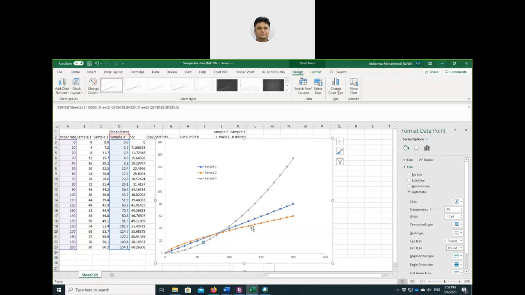But when we go above a shear rate of around 90 to 100, it changes. The viscosity for shear thinning is less than Newtonian, and it is less than shear thickening. So for comparison of the viscosity of different types of material, we need to draw the shear stress over shear rate and then compare.